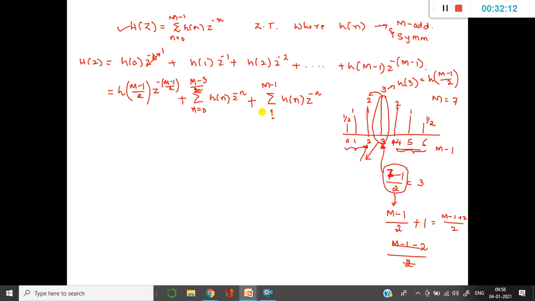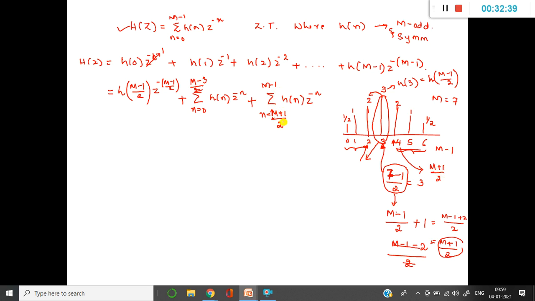The sample starts with n equal to, just a minute. So this sample starts with (M plus 1) by 2 till M minus 1.